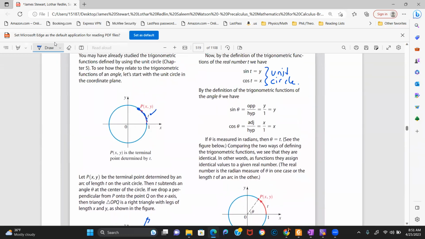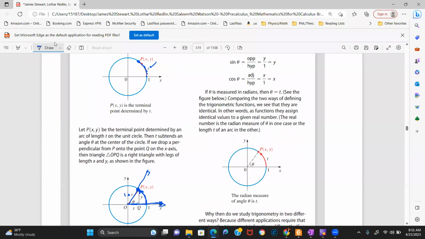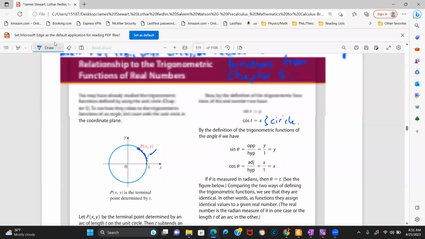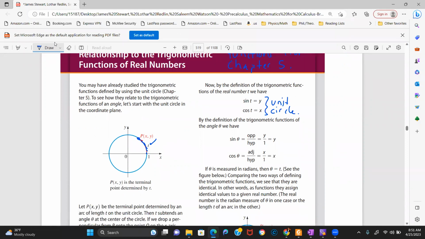And because we're on the unit circle, this is going to be some triangle, and this r is just 1, so the hypotenuse is 1. So opposite over hypotenuse is y over 1, which is just y. And adjacent over hypotenuse is x over 1, which is x. So we get the same thing.